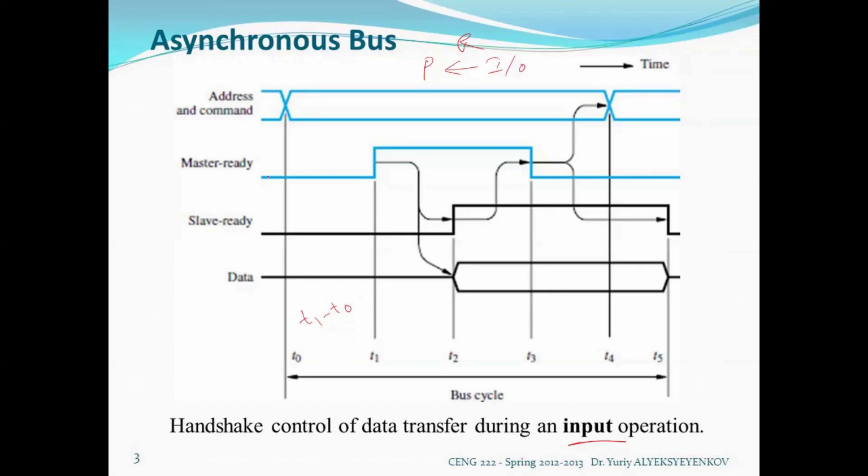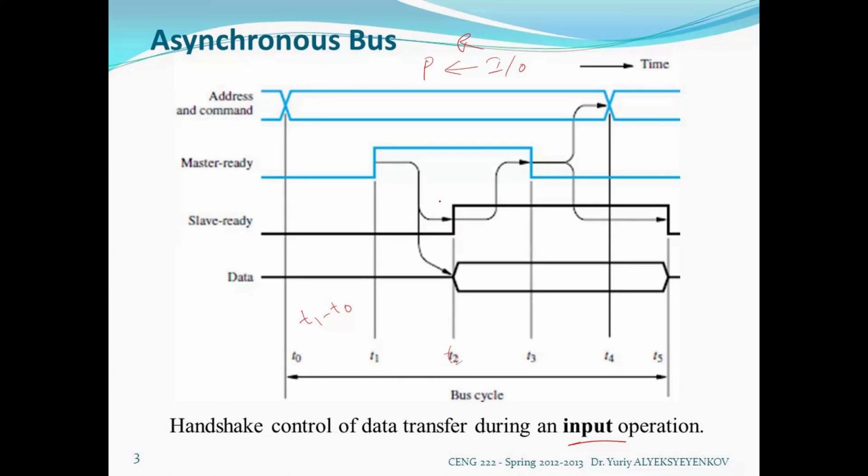And after that, the master will place the master ready signal. At this time, T1 minus T2 time, all the decoders will decode. Now whichever device is active will receive this master ready signal, and after that at the next clock, that is at T2 time, the slave will place the slave ready signal.